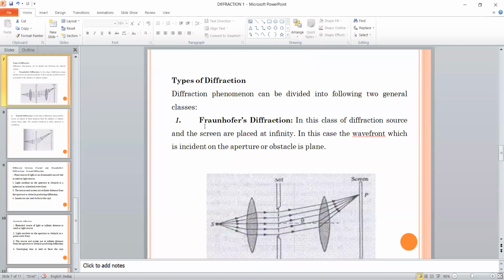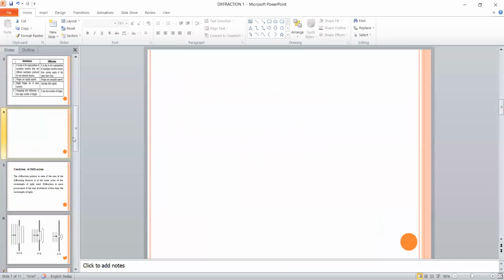So, according to Fraunhofer, in this class of diffraction the source and screen are placed at infinite distance. In this case, the wavefront which is incident on the aperture or obstacle is plane. Okay.